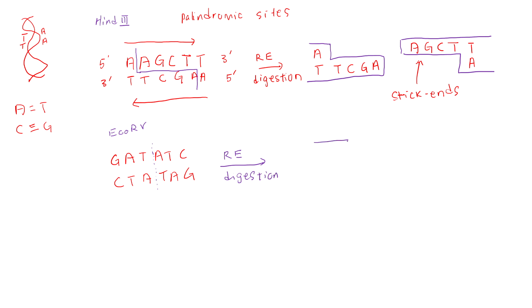You will produce this type of fragment. This is GATCTA. This is ATCTAG. This is called a blunt end.